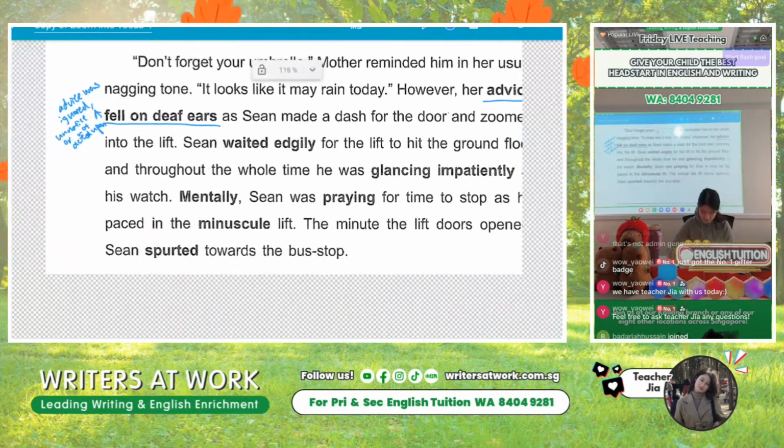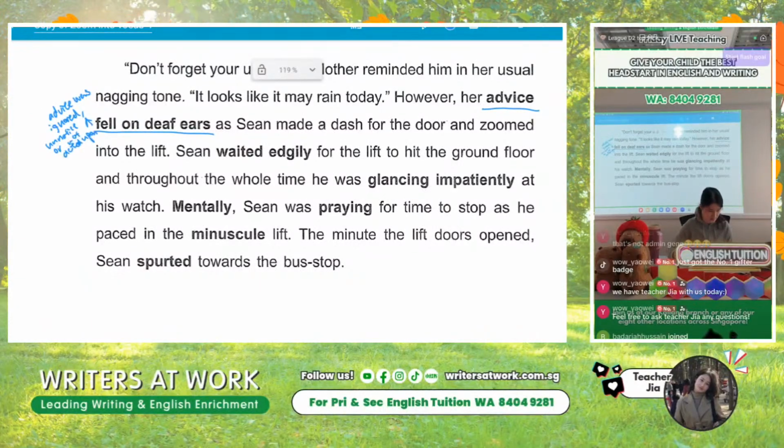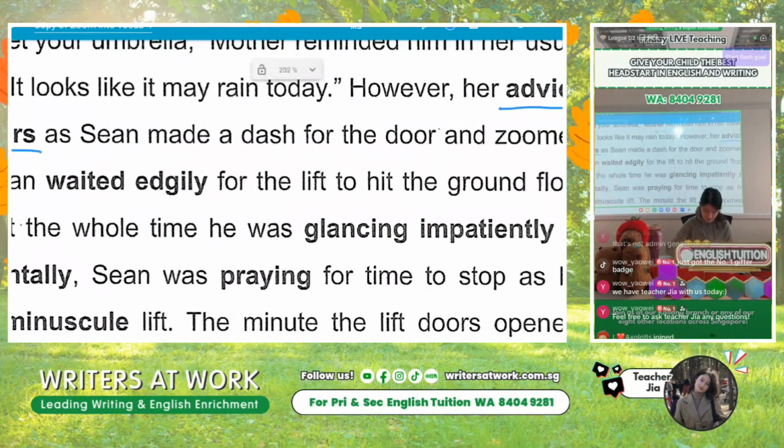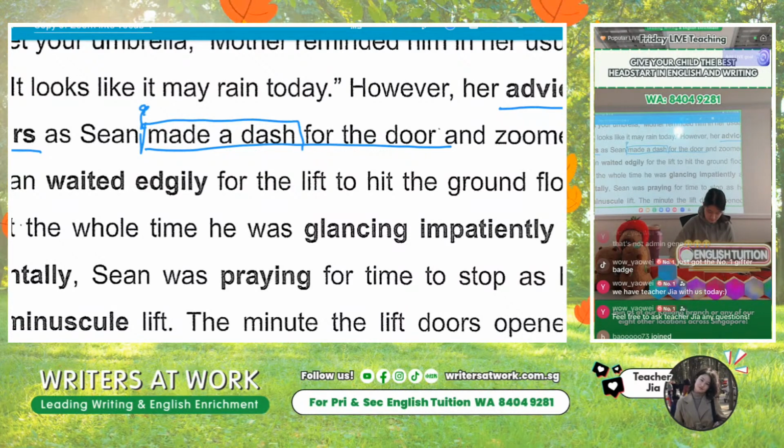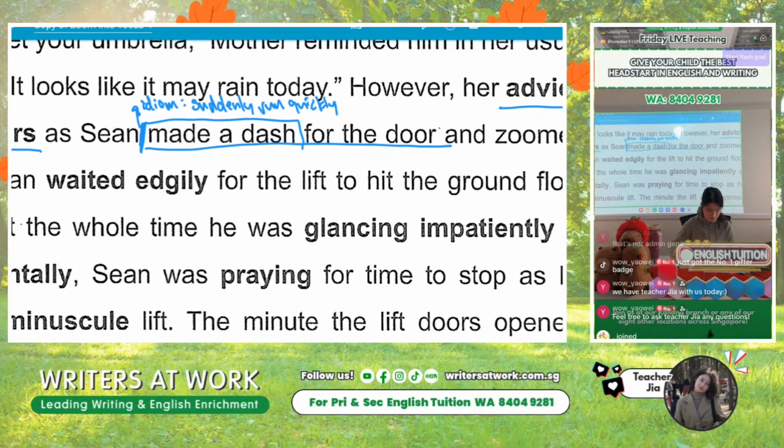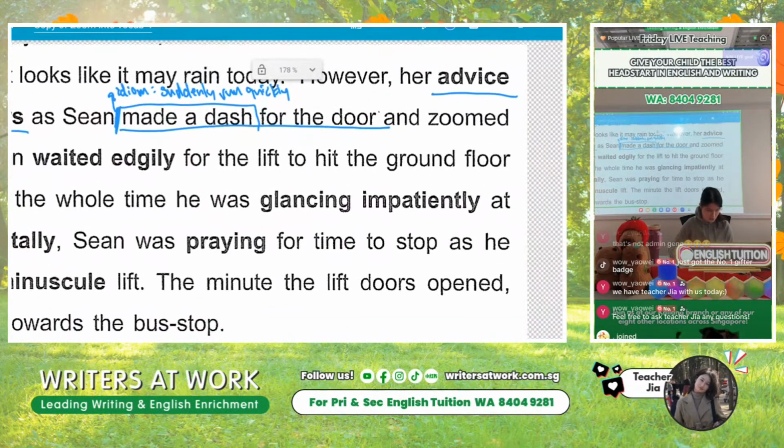Okay, Sean made a dash for the door. Okay, when you're saying dash for the door, you're using it as an idiom. It means suddenly run quickly, okay? Made a dash for the door and zoomed into the lift.